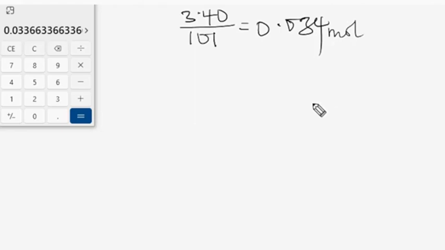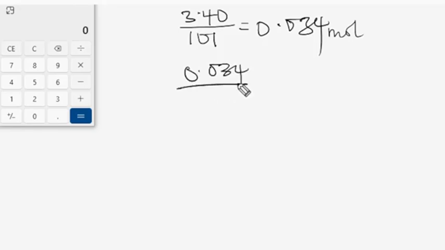and then the solubility here is going to be the number of moles over the volume here. So we are going to have, since we've gotten the number of moles, 0.034 over 0.25.